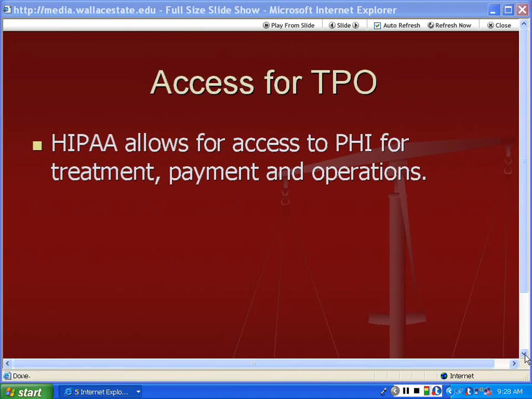I gave you an example of a consent form for TPO. Initially, right when HIPAA came about, it was required that the hospitals or the public entities have this done. That is no longer a requirement, but they do have to inform via that privacy notice in regard to how that information may be used for treatment, payment, and operations.